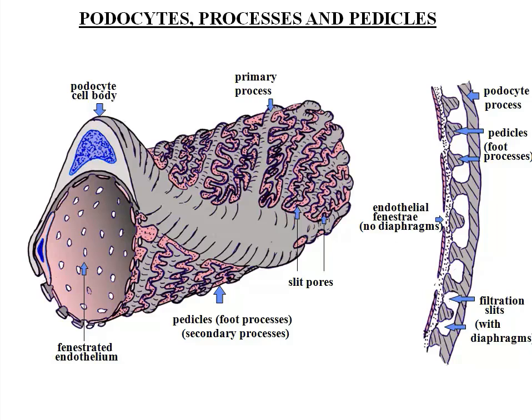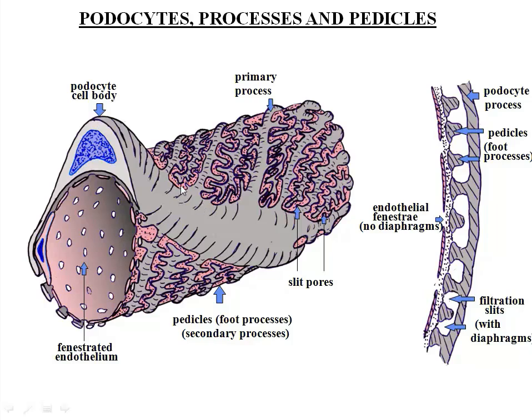They are called podocytes because they have foot-like processes. Each podocyte has a few primary processes that give the cell a star-shaped appearance. These processes are wrapped around glomerular capillaries and interdigitate with those of neighboring podocytes.